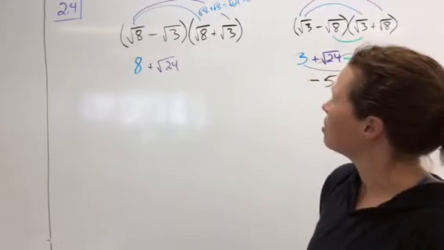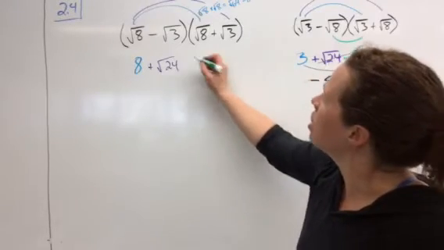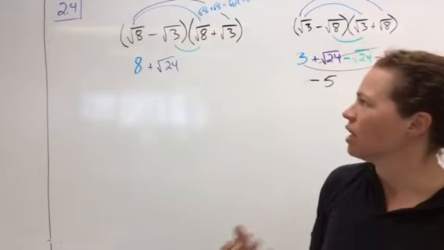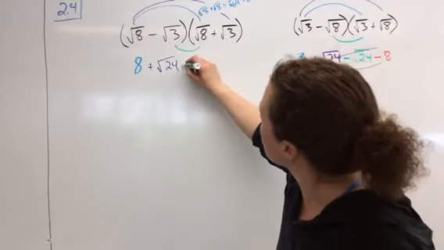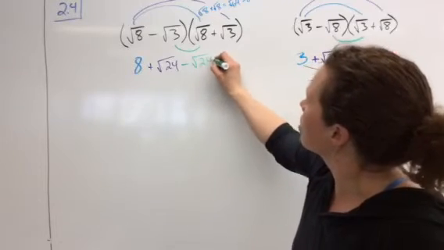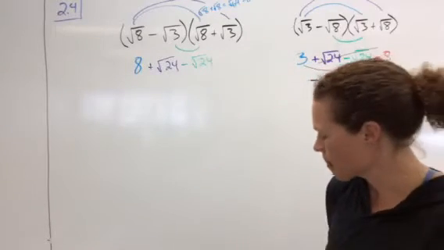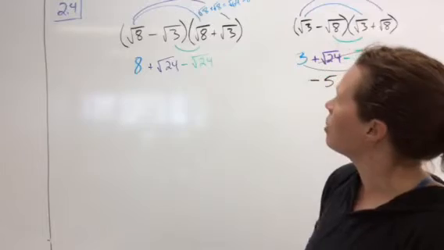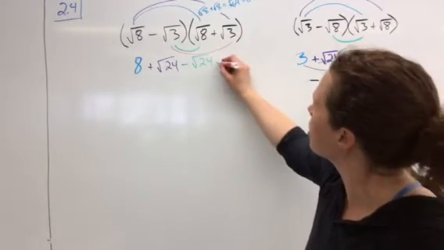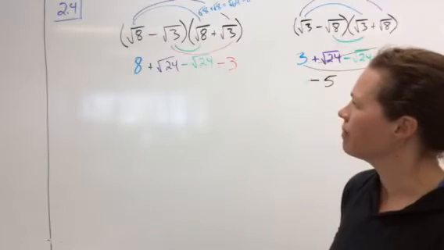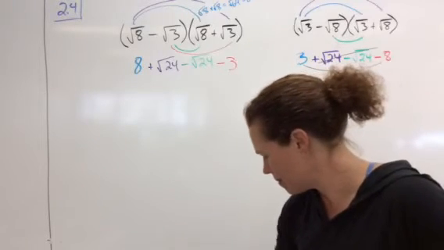And our next one is our inside term. So I've got negative root 3 times positive root 8, which gives me negative root 24. And then for my final step, I've just got negative root 3 times positive root 3, so I'm going to have negative 3.